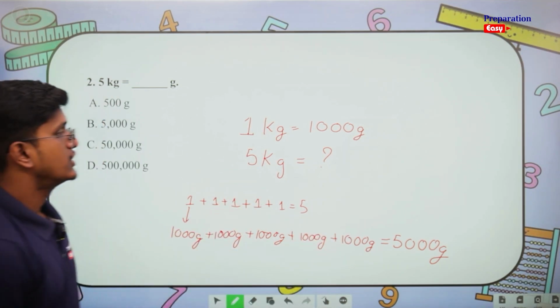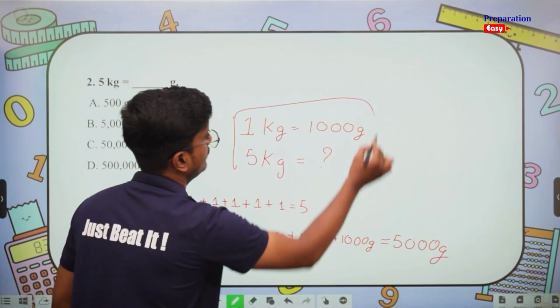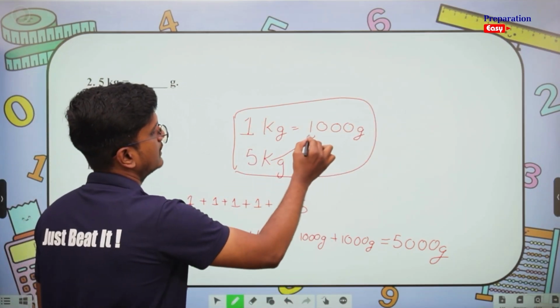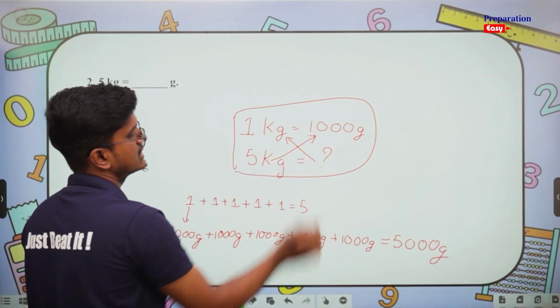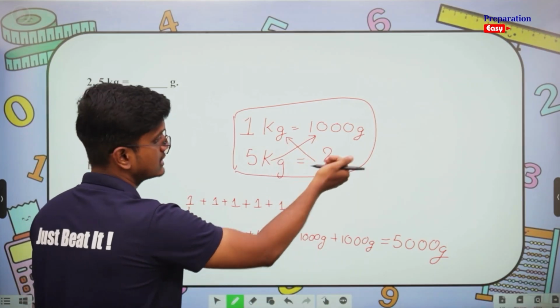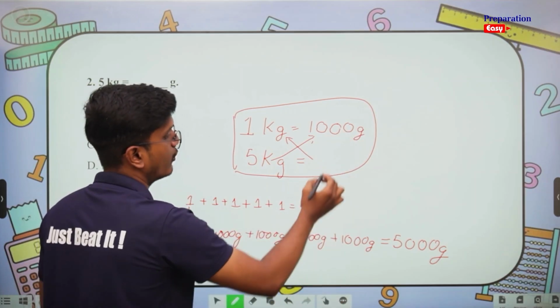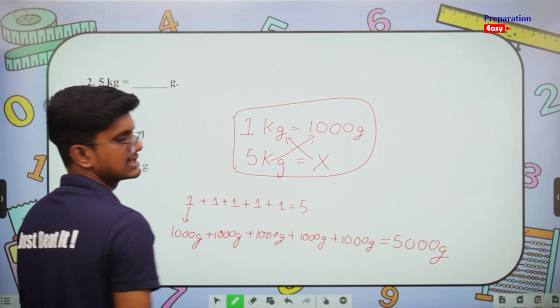Here in this case we can do a cross multiplication as well, which means we multiply this with this and this with this. Let's assume whatever value we don't know right now to be x.